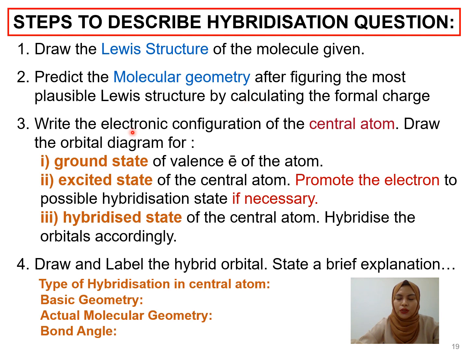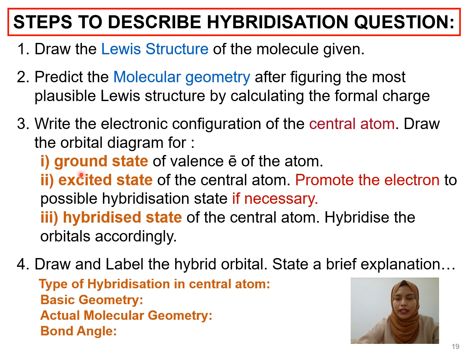And next you have to write the electronic configuration in the form of an orbital diagram. Okay. So you have to describe the central atom or the atoms involved in the hybridization. Whether it is the central atom or a terminal atom, you need to state its ground state and excited state.